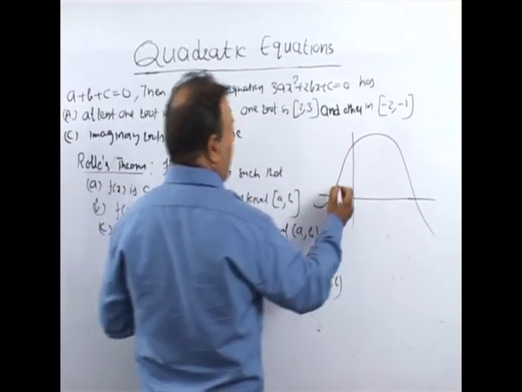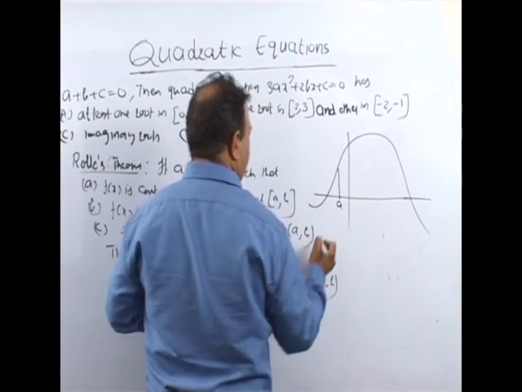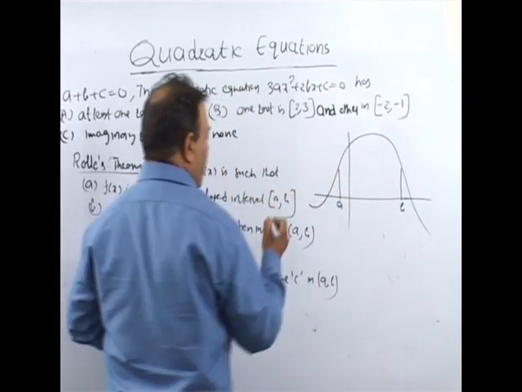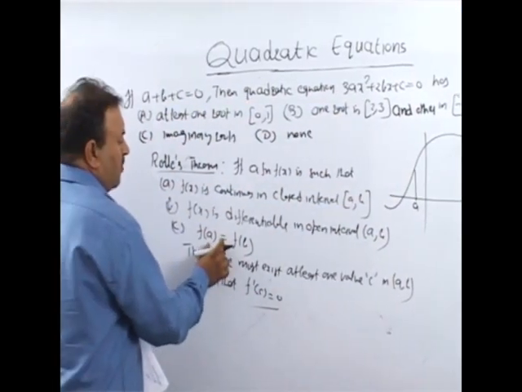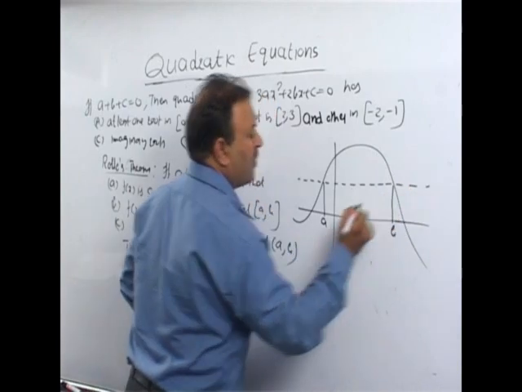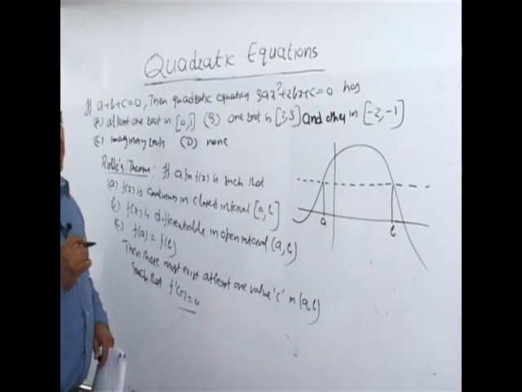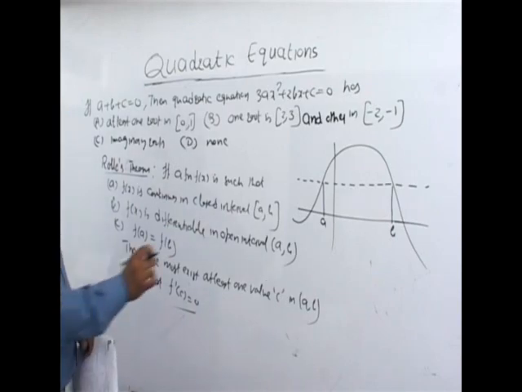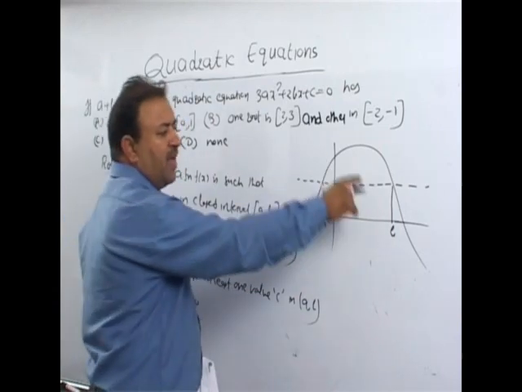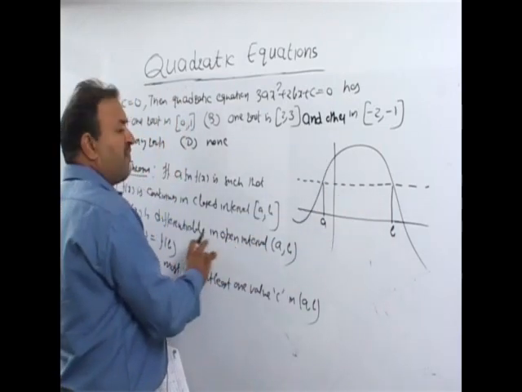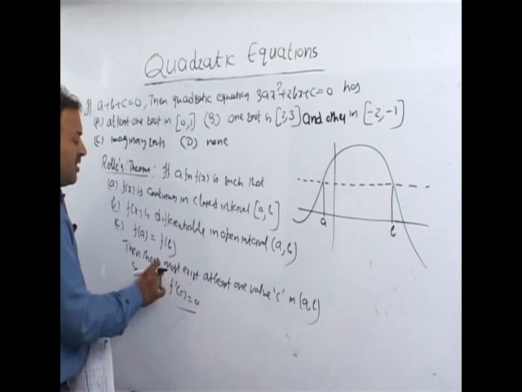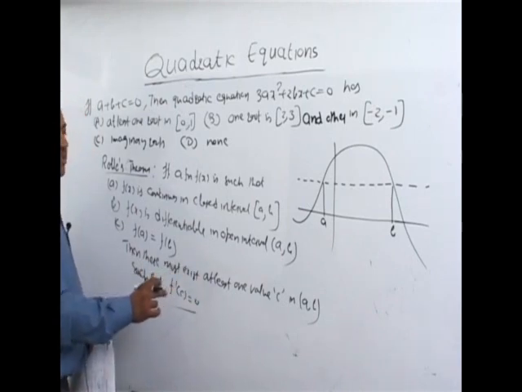I take this point as A and this point as B, at the same height, as the condition of Rolle's theorem is f(a) equal to f(b). Looking at the graph, we can say f(a) is equal to f(b). So Rolle's theorem states that if f(a) equals f(b), and the function is continuous without any break and differentiable, meaning at every point we can draw a tangent, then there must exist at least one value c.